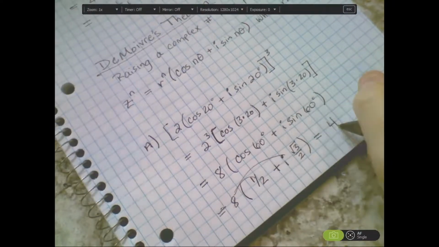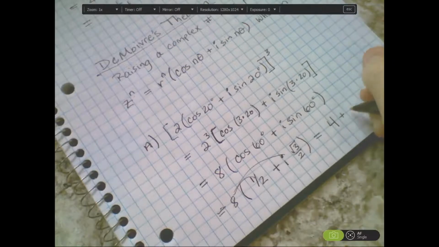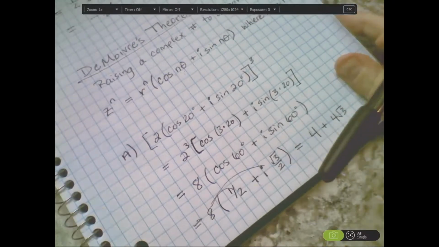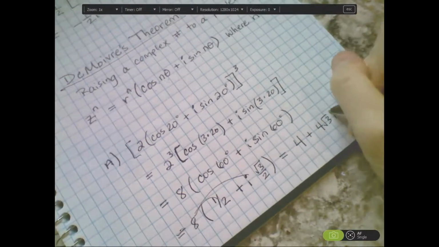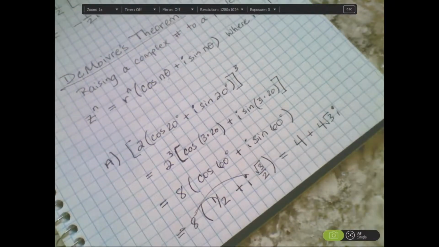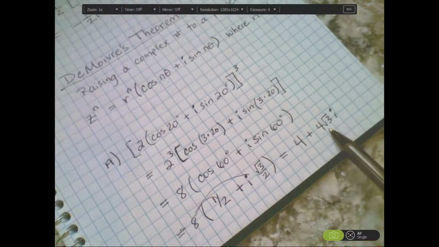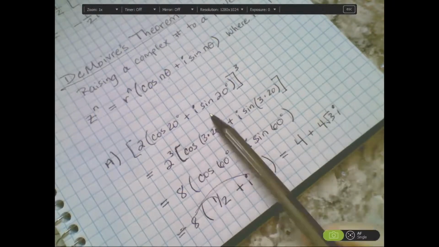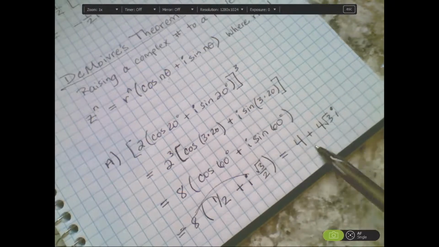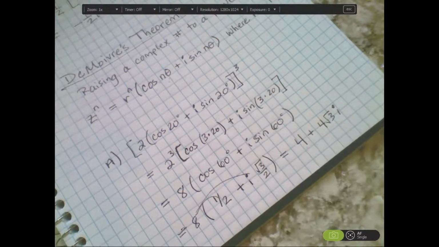So this is going to be 4 plus 4 root 3 i. And so that's our complex number that we had up here raised to the 3rd power, if we worked on it until we got it all the way back into that regular form, okay?